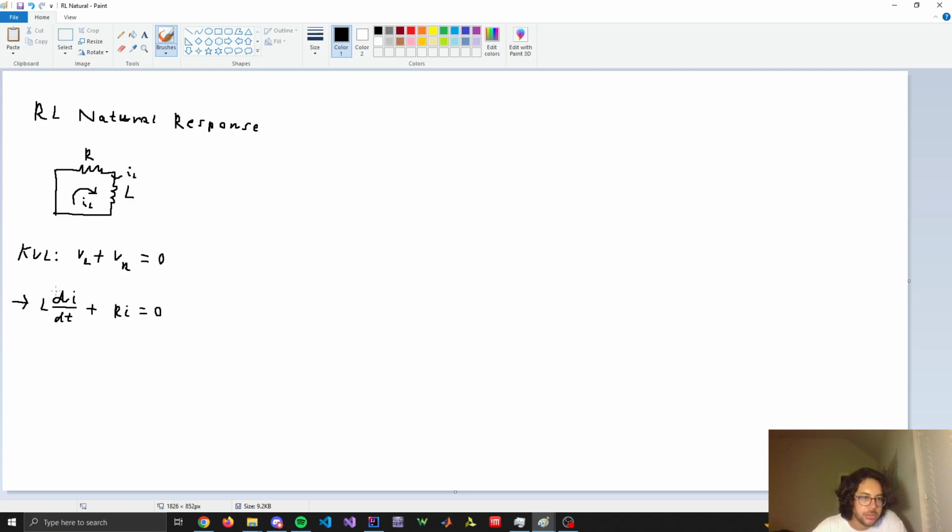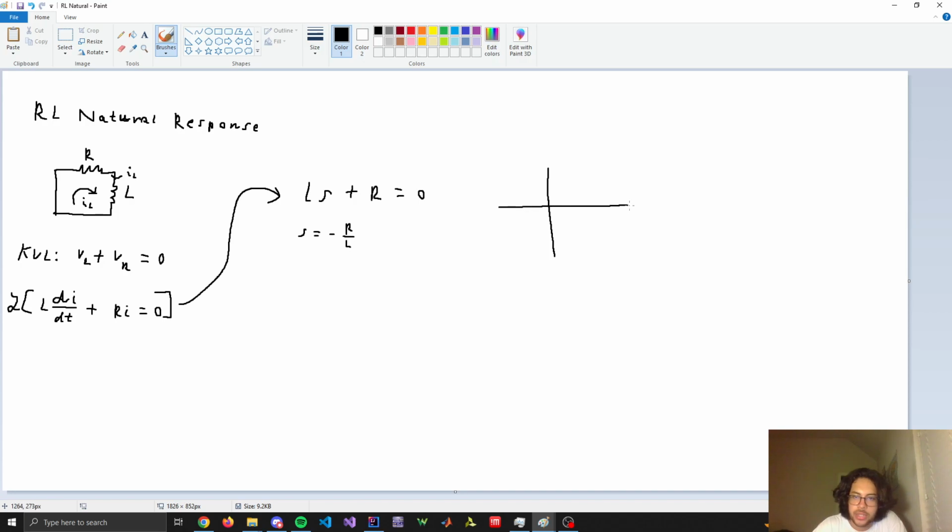Taking the Laplace transform of this differential equation, we get Ls plus R equals 0, or s is equal to negative R over L. So in the complex plane, we also have a real and negative number, so our pole is also located somewhere on the negative real axis.